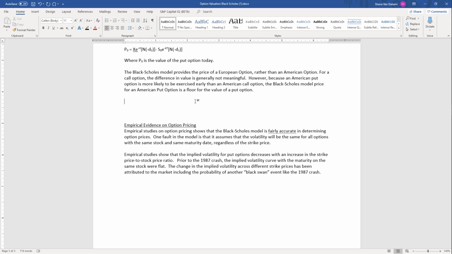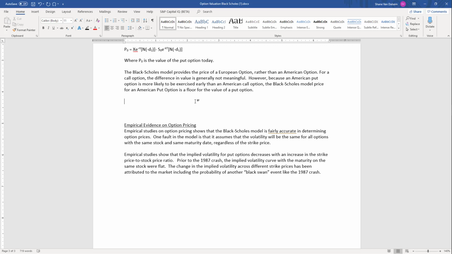So the probability of an extreme change in stock prices and stock returns in a short amount of time shows up in option values, but is not in the Black-Scholes model. The Black-Scholes model assumes log normality for stock returns.